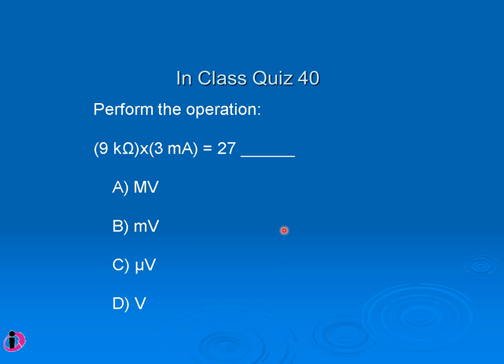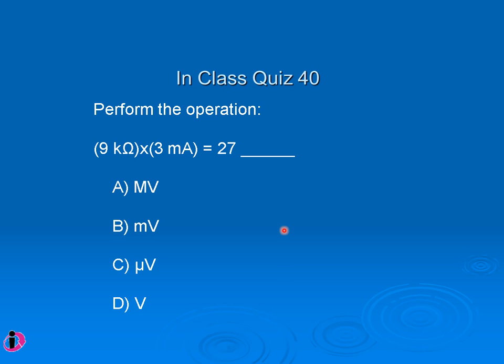But the power of 10, we are multiplying, right? Powers of 10 get added. So how do you add? Times 10 to the power 3 plus negative 3. That makes it 27 times 10 to the power 0, which is just the base, right?